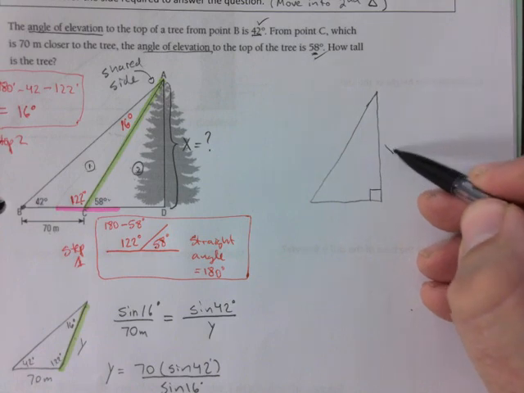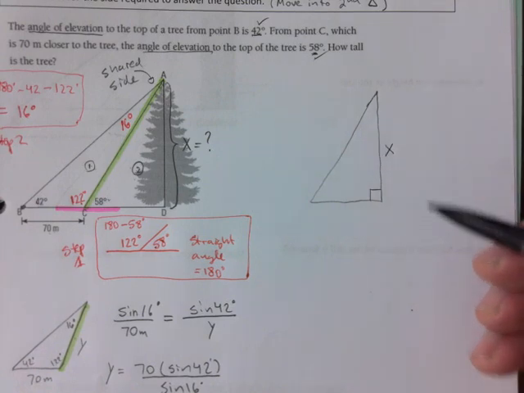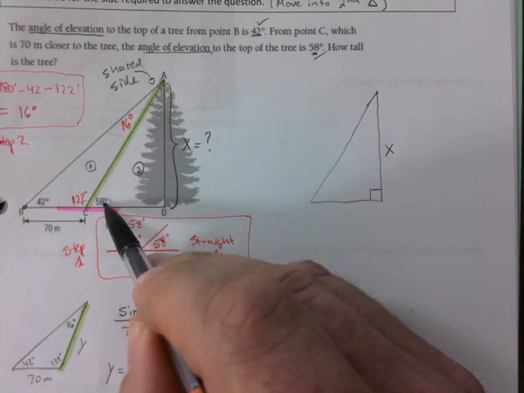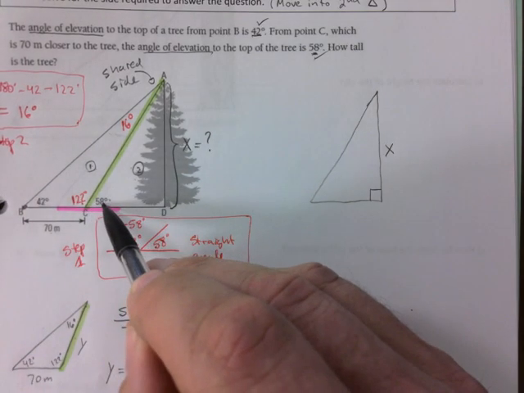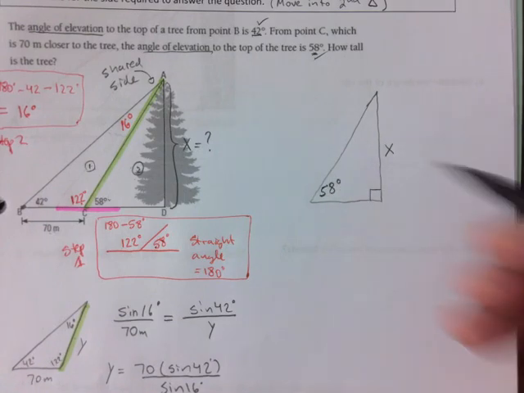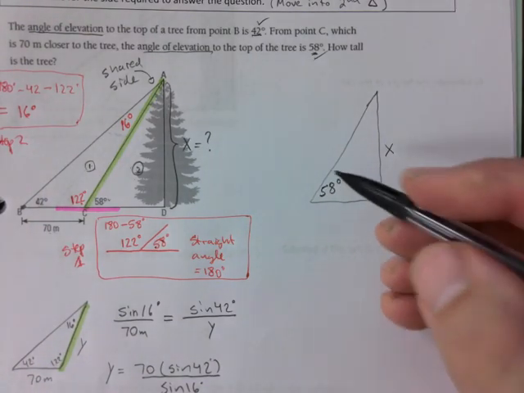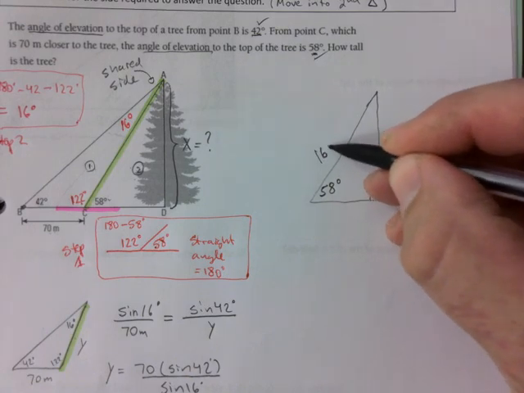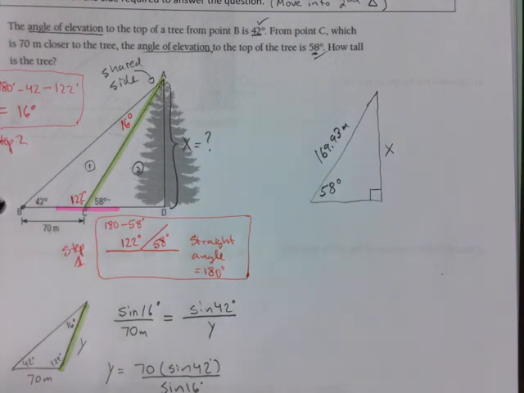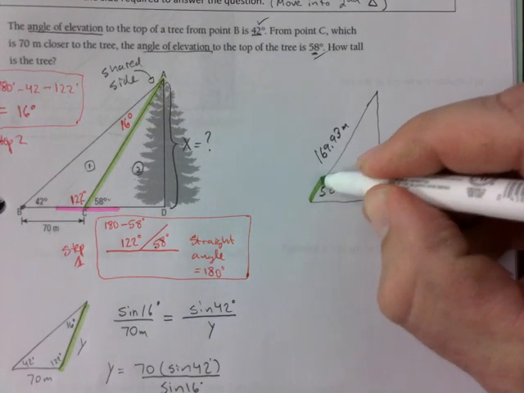And I'm gonna call this X. I'm going back to my original, the 58 that I used earlier to find the 122. That 58 can come with you right here. The shared side is 169.93. Use green for it, right? So here it is again.